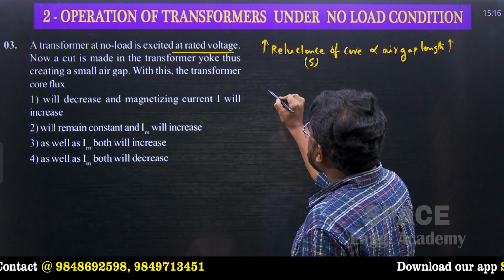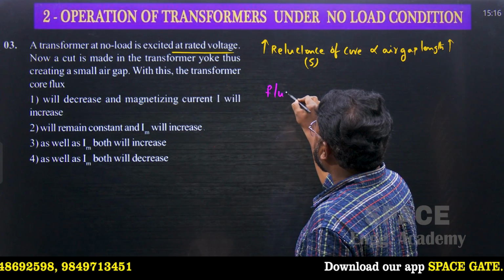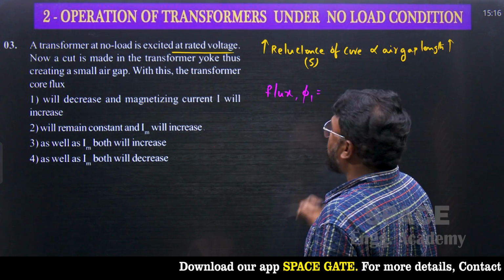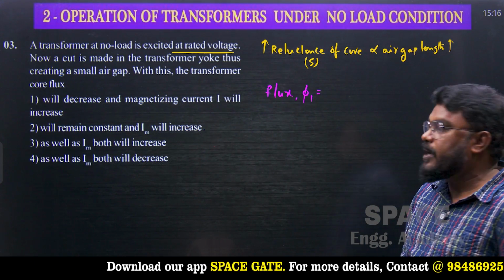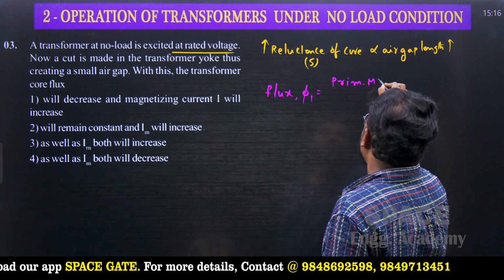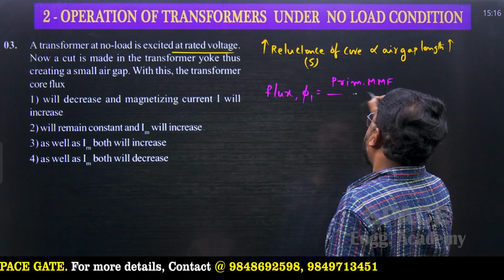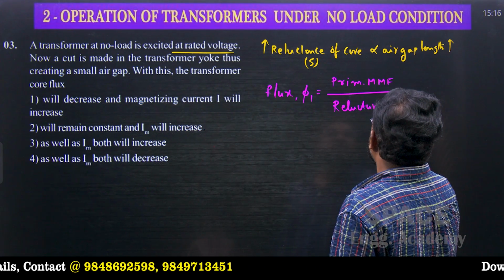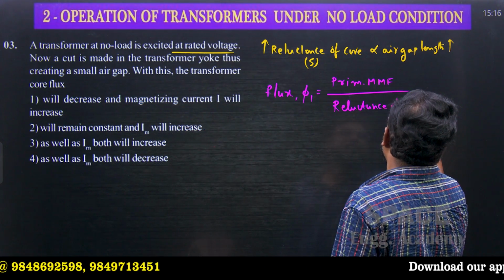So we know flux is equal to, how do we calculate the flux? The basic formula to find the primary flux of the transformer, phi 1, is the primary MMF divided by the reluctance of the transformer core.